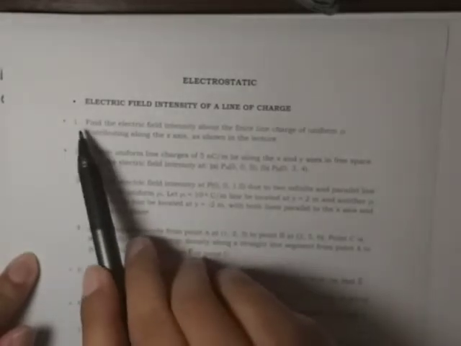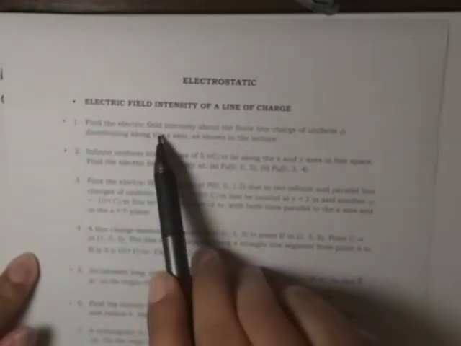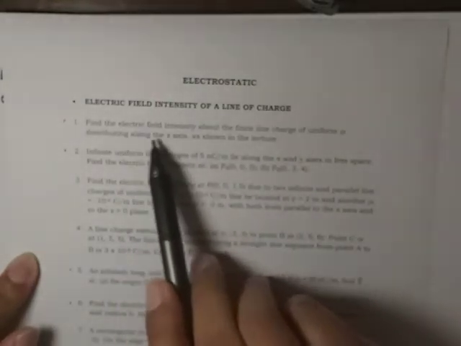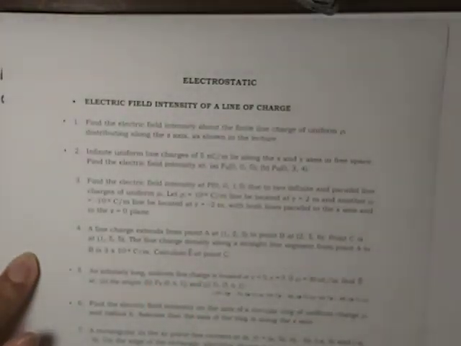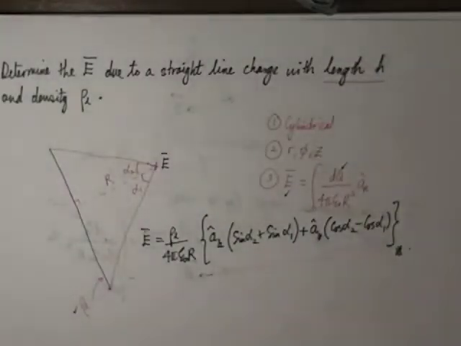The only difference is that in question number 1, the position is defined for us, meaning you have a finite line charge distributed along the z-axis. This question purposely mentions the position, whereas the problem that we solved just now is based on our interpretation. So we are dealing with a very open-ended problem, which is actually the case you always face in real engineering problems. The dimension is given, but how you solve the problem is not clearly stated.